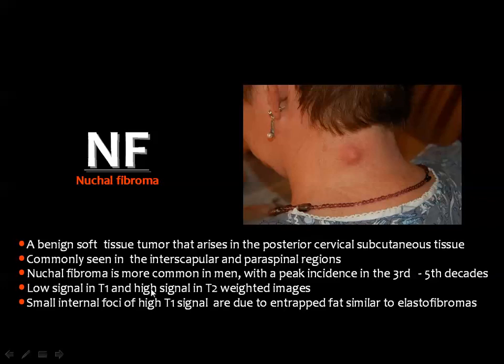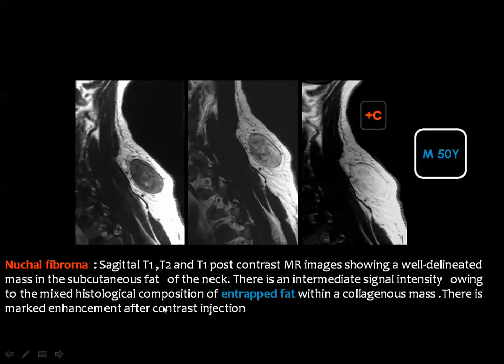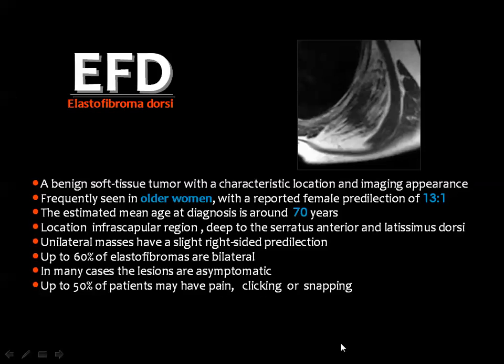They are of low signal in the T1 and high signal in the T2 weighted image, and can show contrast enhancement. As you can see here, this is a low signal lesion in the T1 with increased signal in the T2 and strong post-contrast enhancement. The bright signals within the lesion represent entrapped fat within the collagenous soft tissues of the tumor.